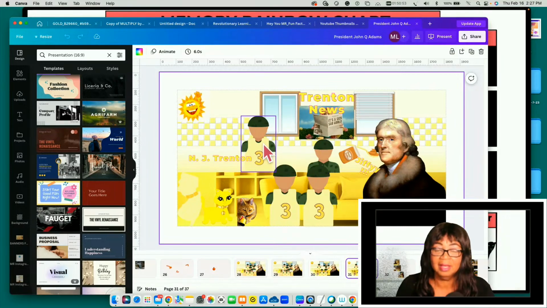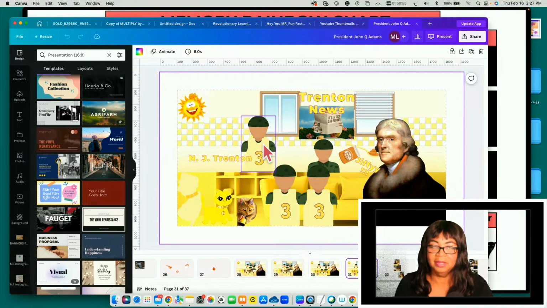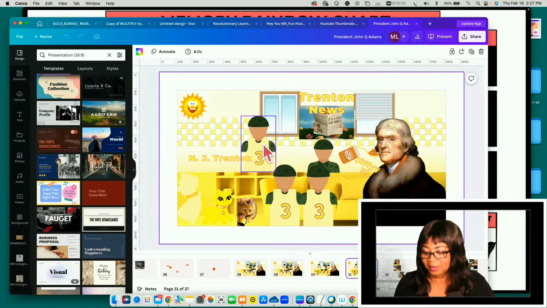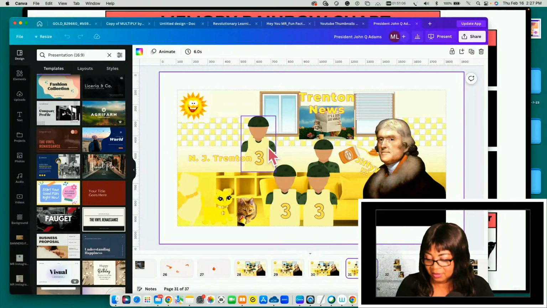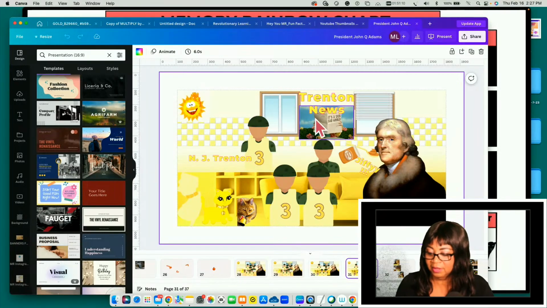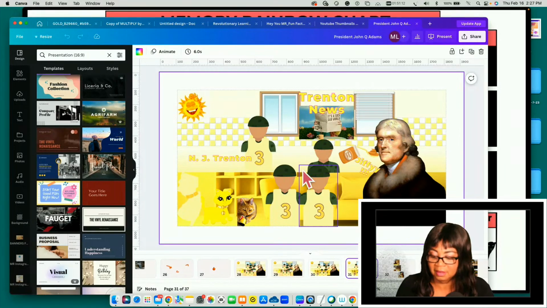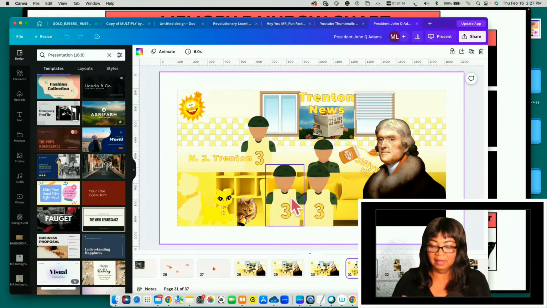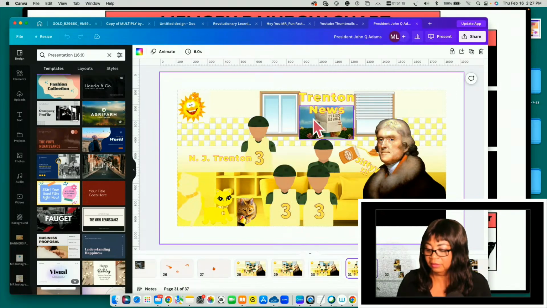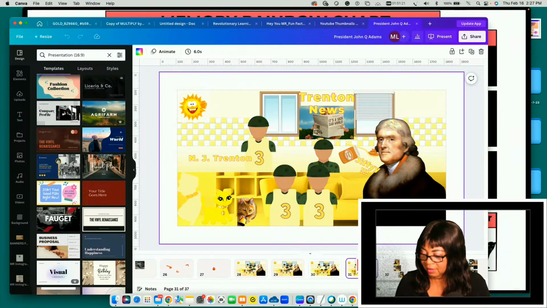The word jersey, it's a jersey, the fabric, what they're wearing. So it's New Jersey, and they're wearing New Jerseys, right? And this is the Trenton News reporting the scene of what's going on in this yellow living room, right? That's the location, a yellow living room, right?